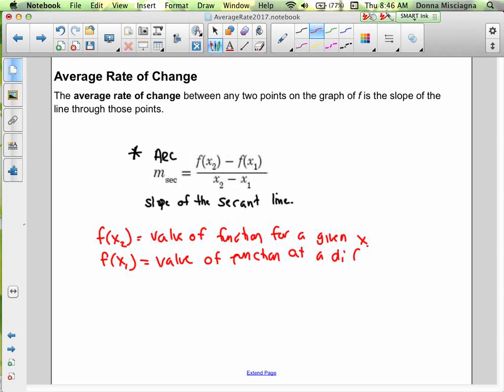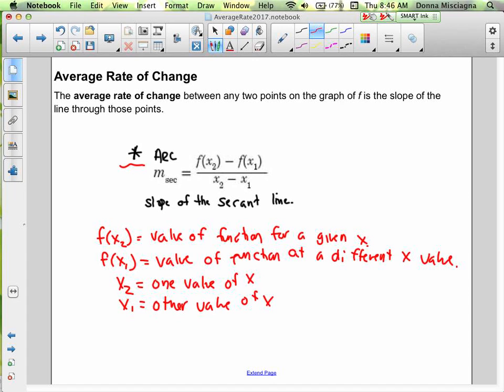That's a better way to say that. Right? And so our two x values, x2 is just one value of x, and x1 is the other value of x. So just put this in your notes, all right, so that you have that information. And when you see it written in function notation, because we don't always write change in y, sometimes it's listed in terms of function notation, then it'll be clear.